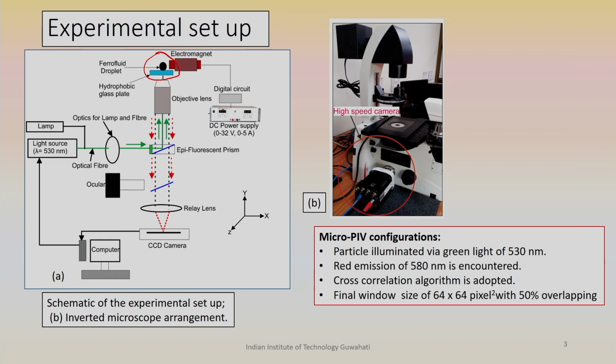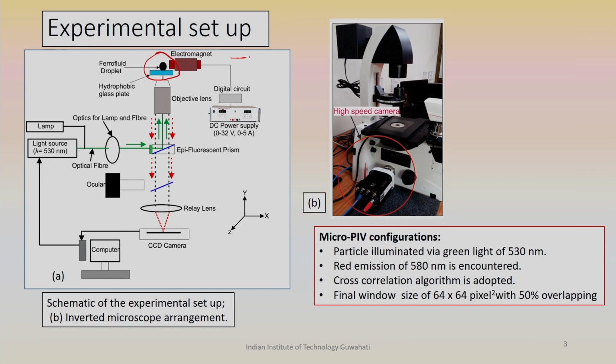If we look at the schematic, we find that the droplet is perturbed using an electromagnet circuit, shown at the right. In this electromagnet circuit, a magnetic field is produced using an electric field, and that magnetic field perturbs the ferrofluid droplet.